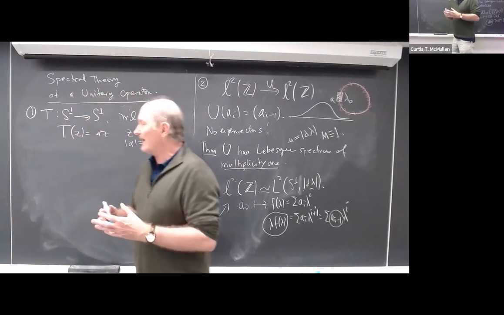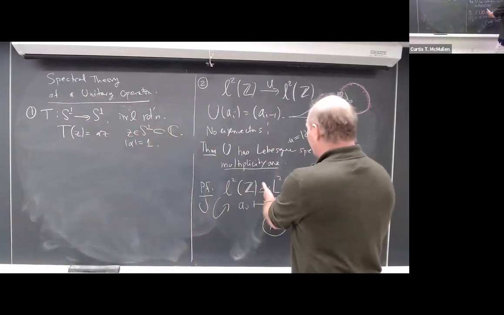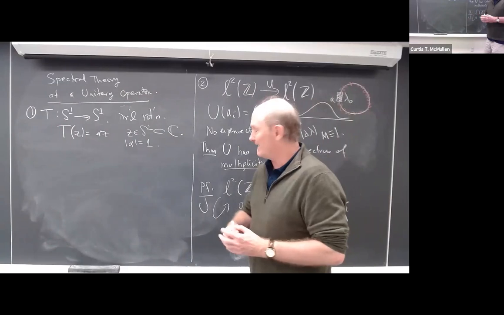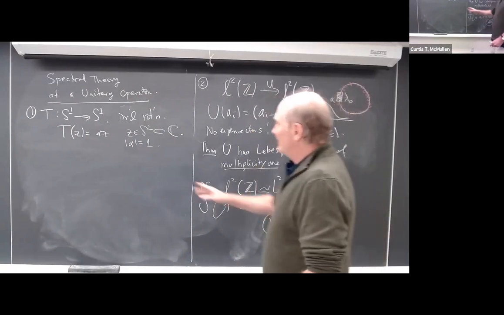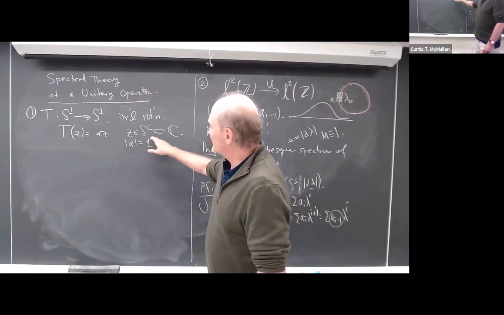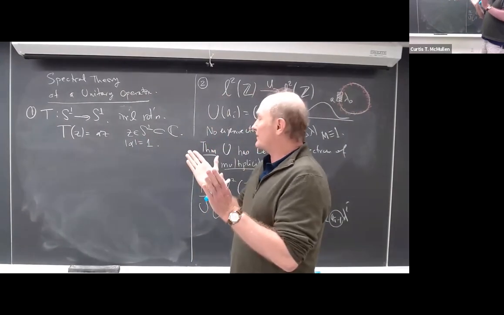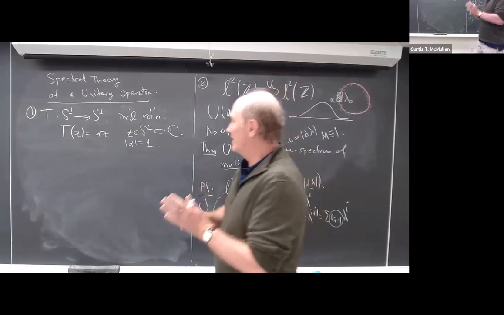Well, we're very lucky. We just wrote down a nice way of thinking about L2 of S1. Namely, it has this Fourier decomposition. The functions z to the k in S1 are an orthonormal basis for L2 of S1.